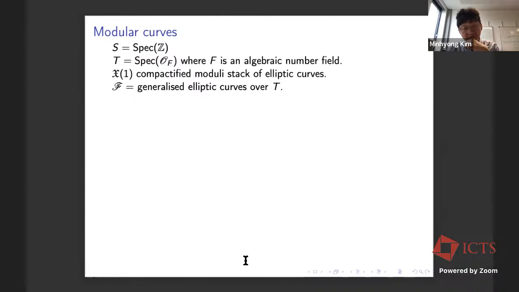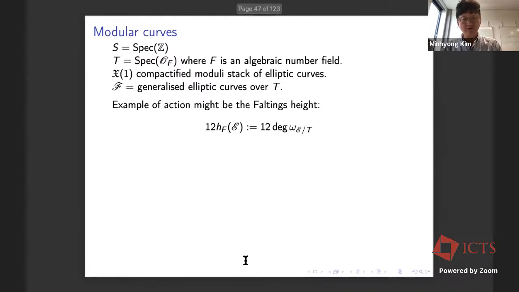And we already study lots of natural functions of such things. For example, a natural action might be the Faltings height of an elliptic curve. We know how to define it, other than the factor of 12, which I'll explain in a second, but I hope I'm getting this 12 right.